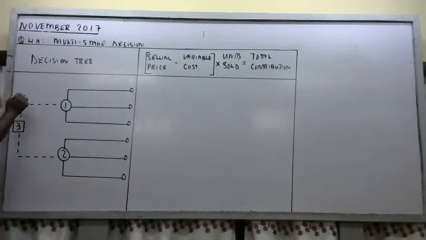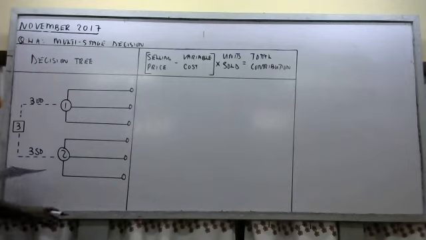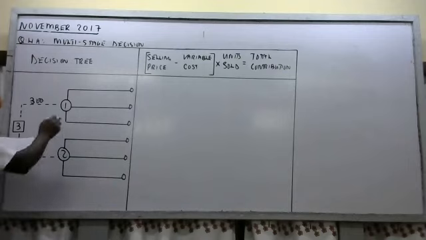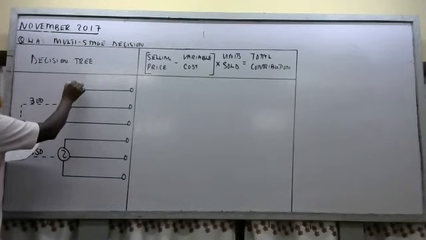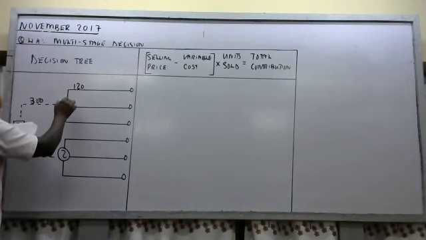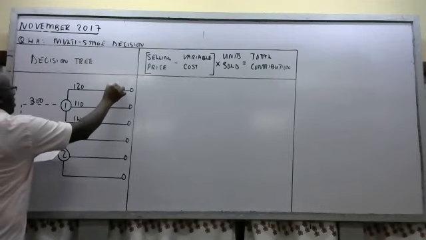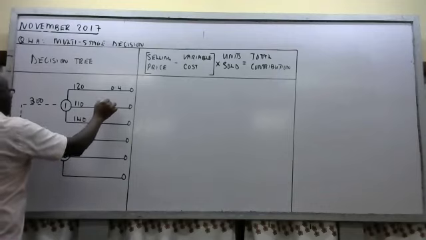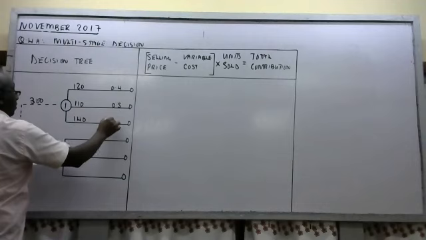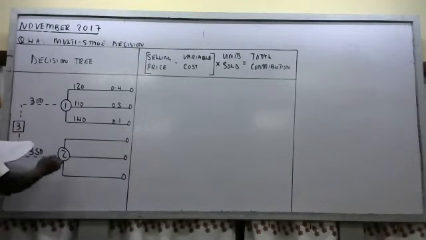The price is 300 shillings at 350. If we just take the units in thousands, this is 120, this is 110, and 140, with probabilities of 0.4, 0.5, and 0.1.